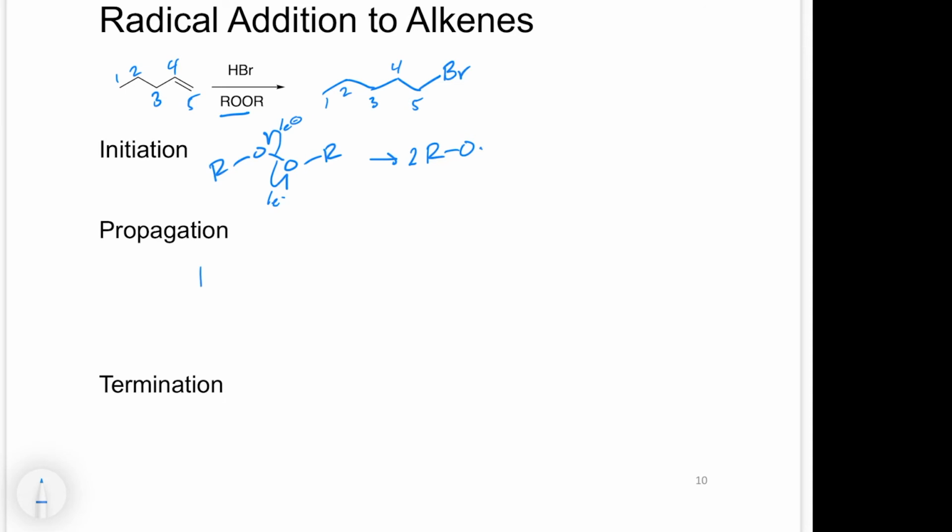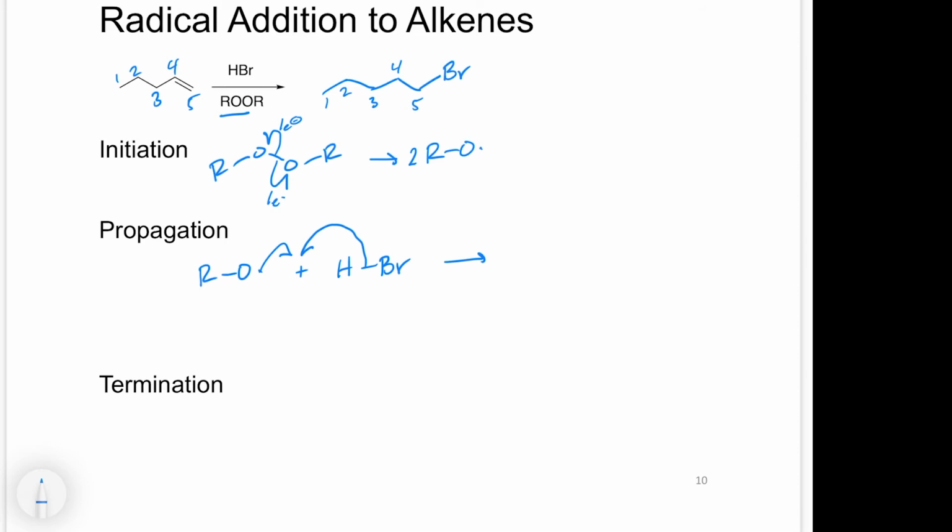Then we can take one of our oxygen radicals and we can enter this propagation step. Now remember, propagation is when we are making sure we start with a radical and then we make another one. So we're going to take this oxygen radical and break this HBr bond. Now notice I've drawn the 2 arrows coming together here in the middle. It's because they're making a bond together.